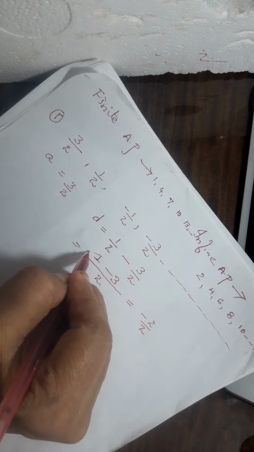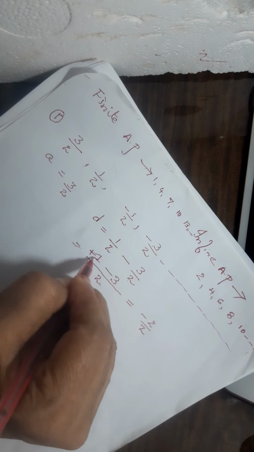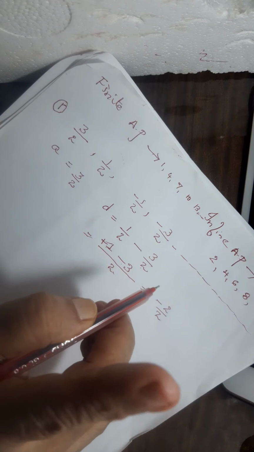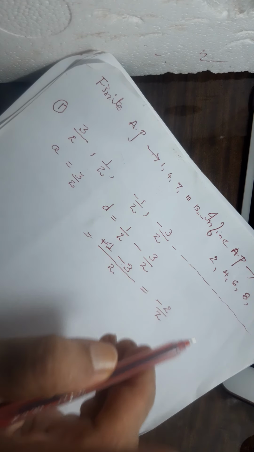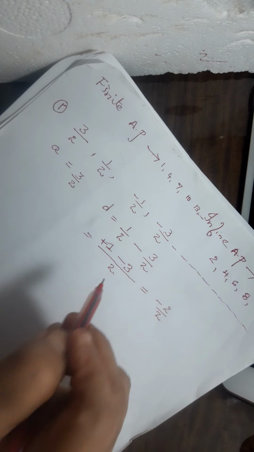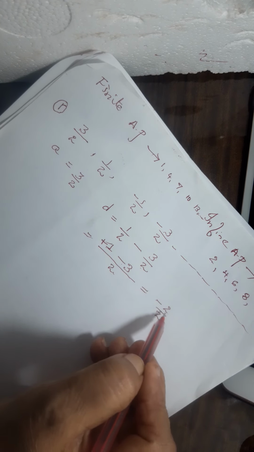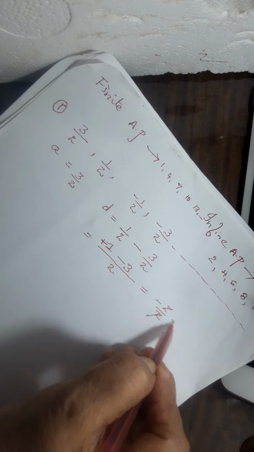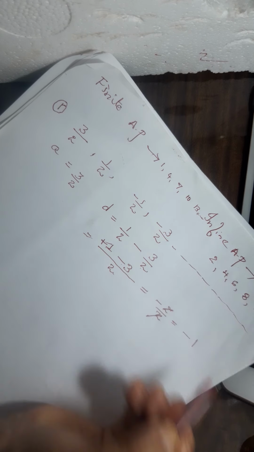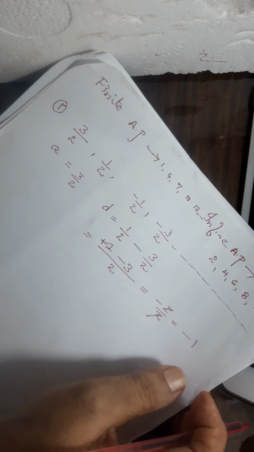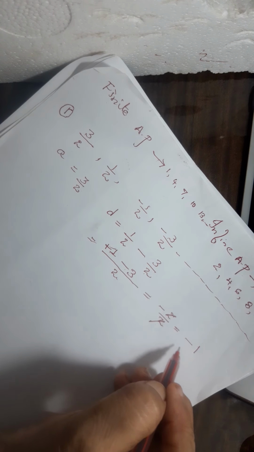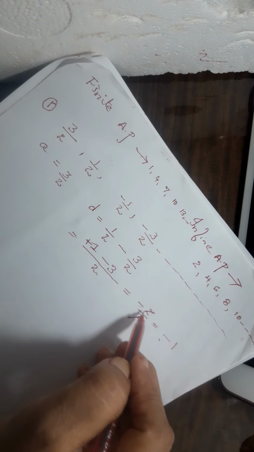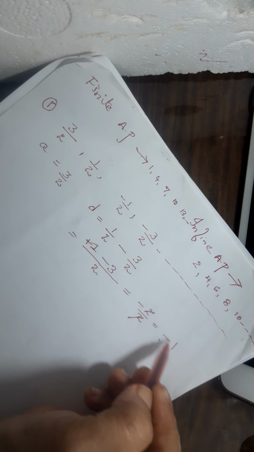If the two numbers have different signs like this, you have to subtract and put the sign of the greater number on the answer. You know this. So, minus 2 by 2, again 2 and 2 will cancel there and you get minus 1.